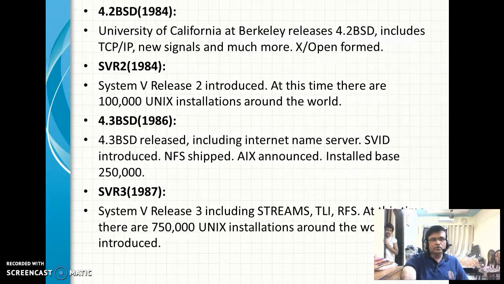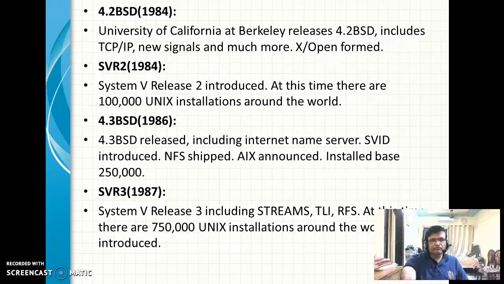Then came 4.2 BSD in 1984, developed at the University of California, Berkeley, which includes TCP/IP. That was a new signal for networking, and many X/Open resources were there.